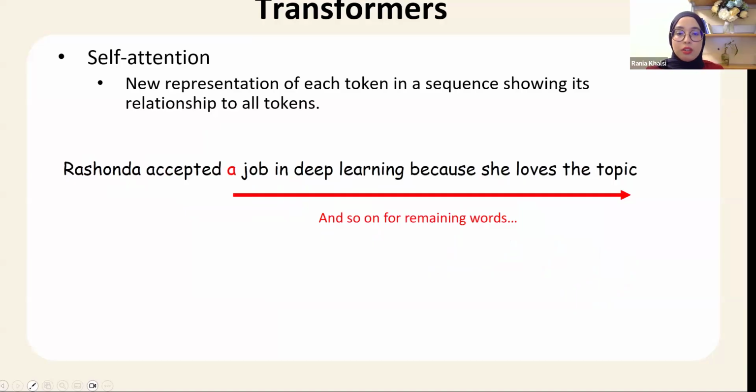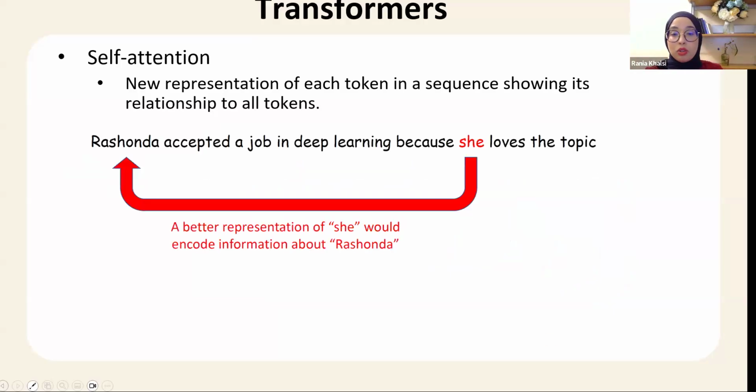So the longer the sentence becomes, the more relationships we need to explore. As the sequence grows, self-attention must evaluate how each token interacts with all the remaining words in the sentence, for all of them.